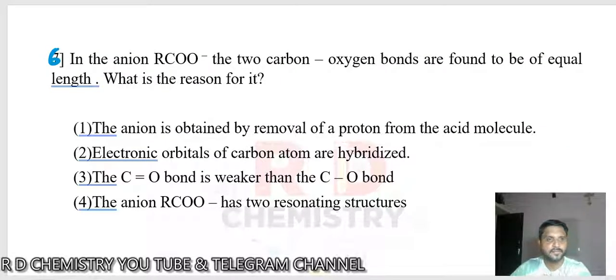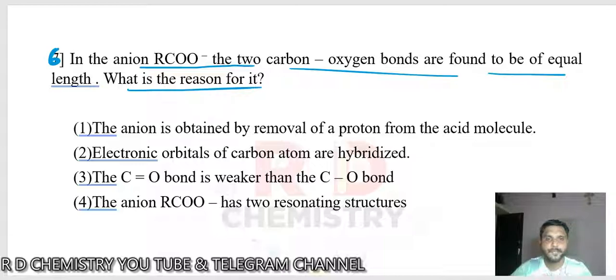Question number 6. In the anion RCOO minus, 2 carbon oxygen bonds are found to be of equal length. What is the reason for that? Now, we have the carboxylate ion once it loses the H plus ion. Then the anion is involved in resonance with the C=O group.